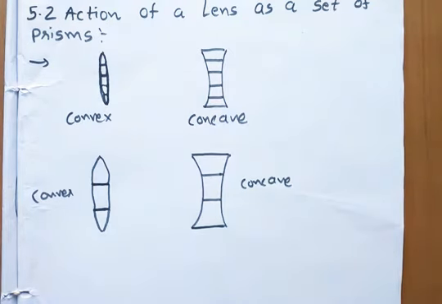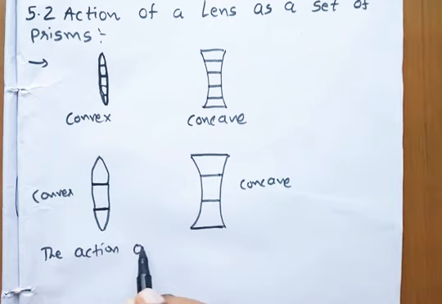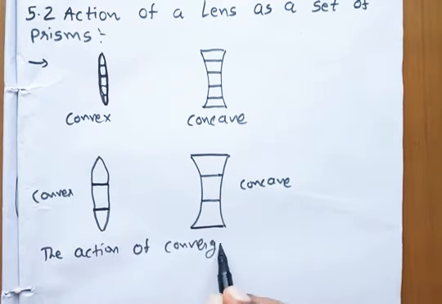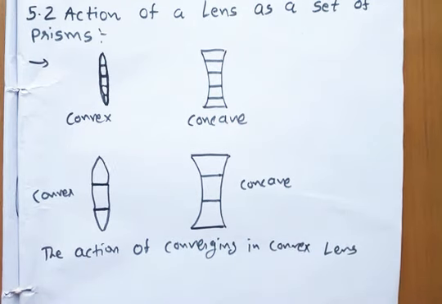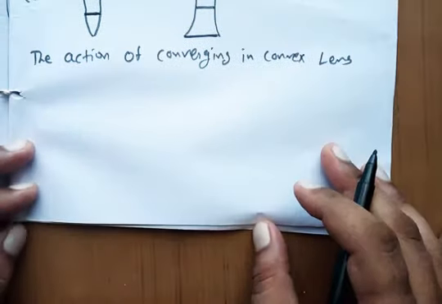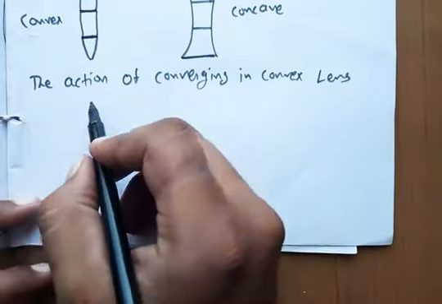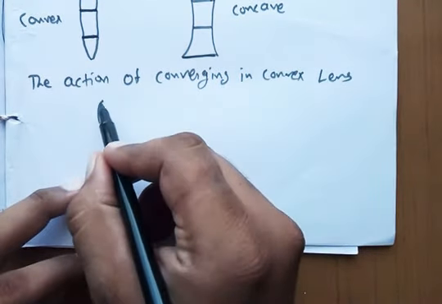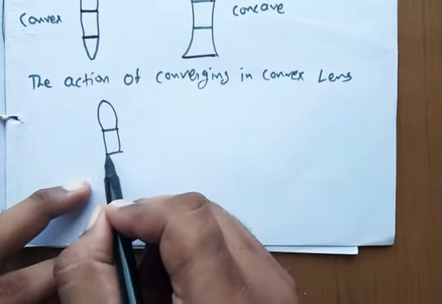So now we are discussing the action of converging in convex lens. Now we are going to study what happens in a convex lens so that the rays will be in converging sides. Why is it just always converging? So first of all I want to draw that figure again.